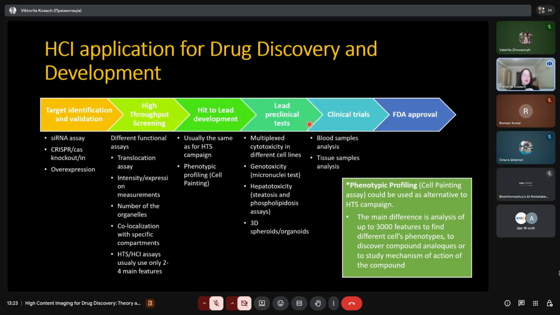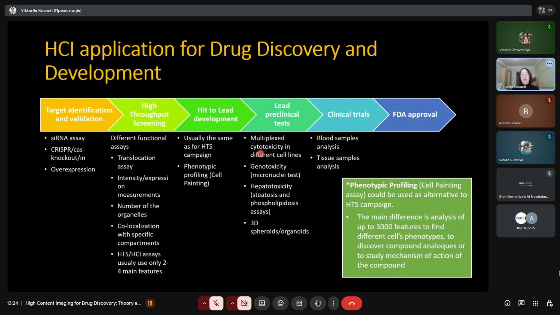Usually preclinical tests involve animal experiments, but before this, you would like to decrease the amount of animals that you will be using for experiments, or maybe even you will need to do some in vitro tests that will help you even to avoid the animal tests at all at this stage. Such in vitro assays with high content imaging could be multiplex cytotoxicity.